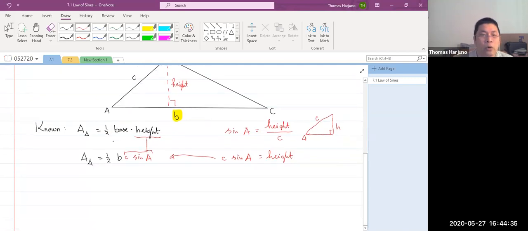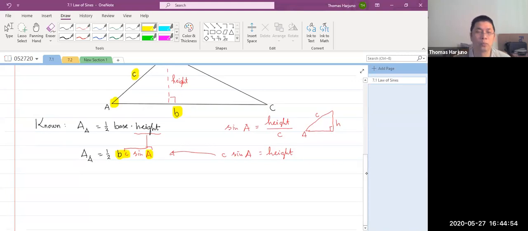Okay, so notice that bc is the product of the lengths of two sides, and angle A is the included angle, the angle in between those two sides. Now of course I can play with the variables.